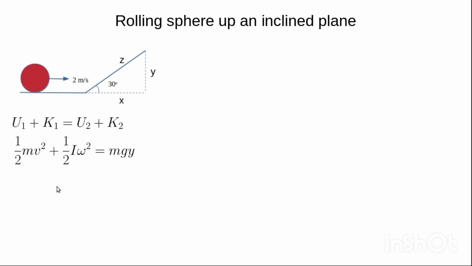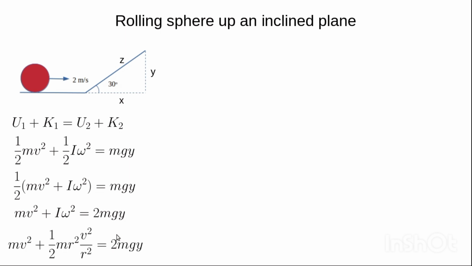Let's factorize our half. Then we take this 2 to this side. At this point, what we are interested in is z, but we can find our y in terms of z. From here, let's make y the subject of the formula.